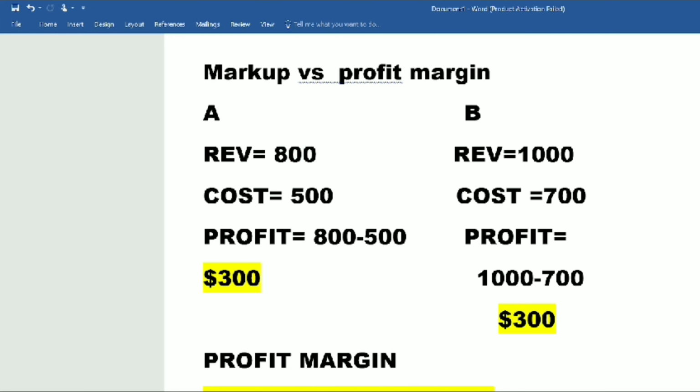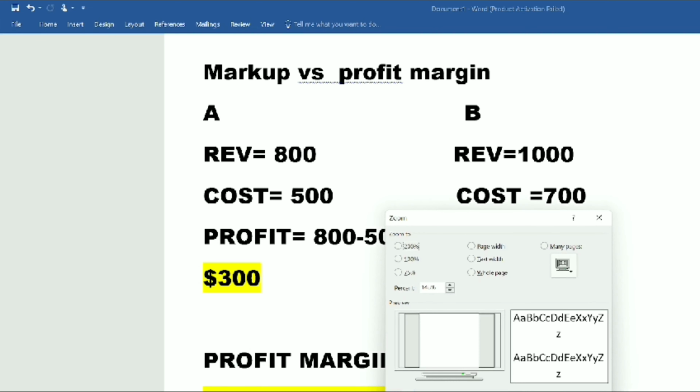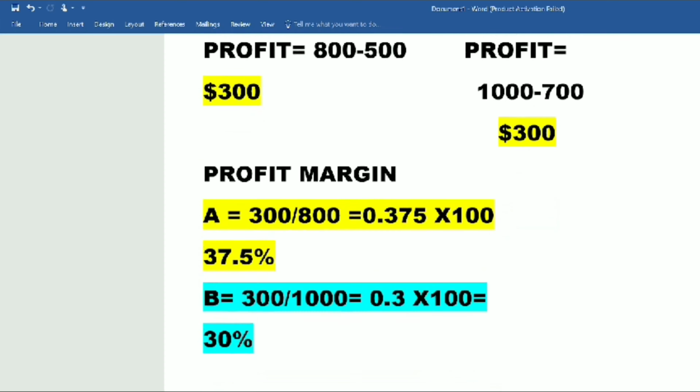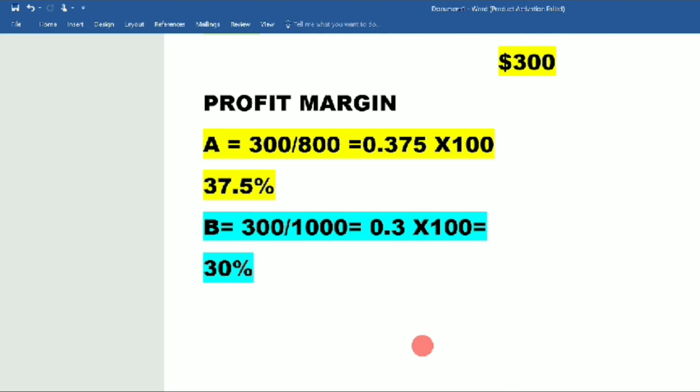How come that person's profit margin, the profit margin for A, is bigger than that of B? You can see it from here. Let me scroll up again. You can see it from here: A is making 37.5% and B's profit margin is 30%.